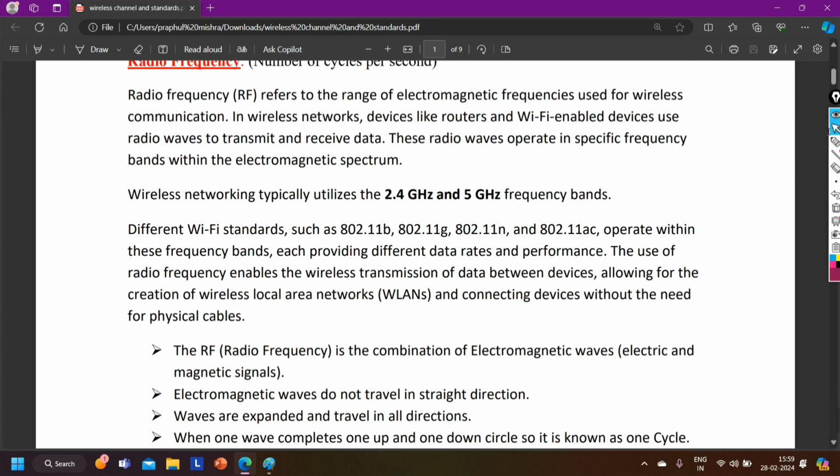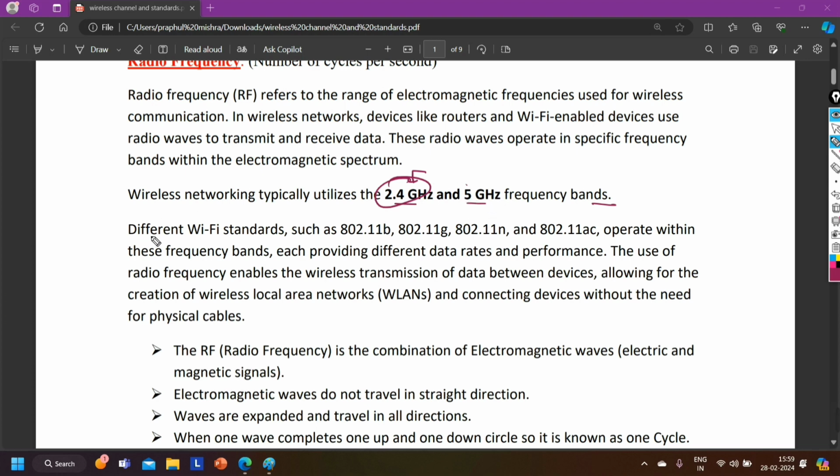Then guys, wireless networking typically utilizes the 2.4 gigahertz and 5 gigahertz frequency bands, right? As I'm telling you, this is a band, meaning under this frequency there are many frequencies. It is a group of frequencies. 2.4 gigahertz is a group of frequencies, 5 gigahertz is a group of frequencies.